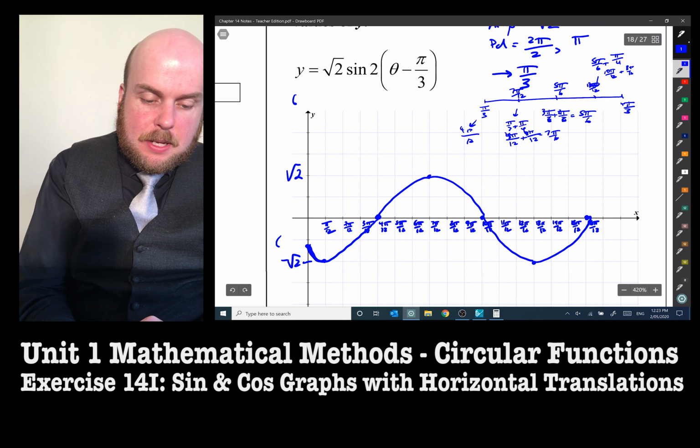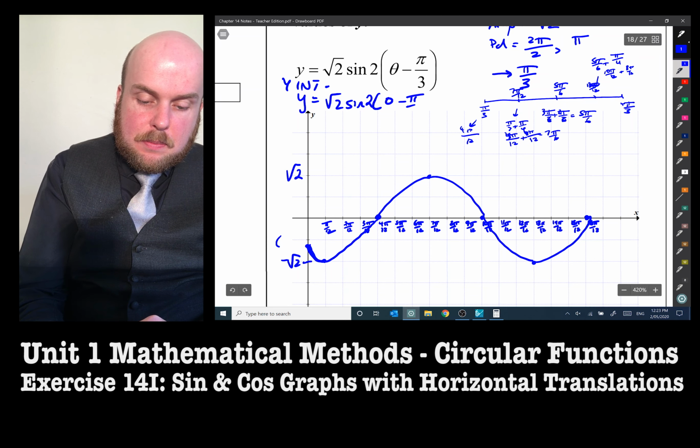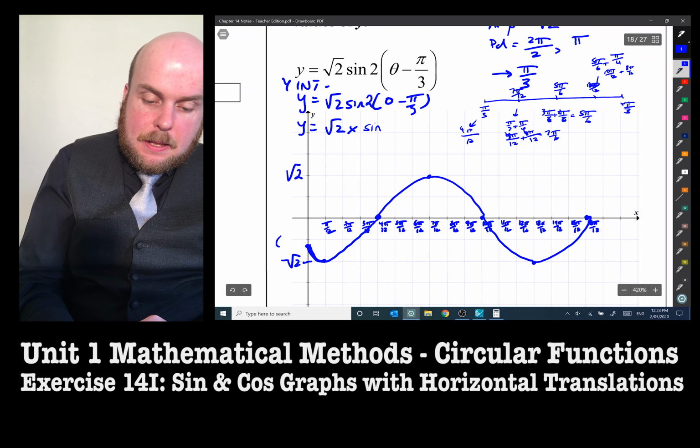So that's going to be when theta equals 0. So y is equal to root 2 sine, so this is for the y-intercept, 0 minus pi on 3. Y is equal to root 2 times sine, this will be negative 2 pi on 3.